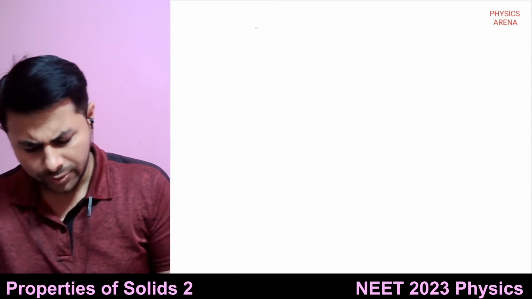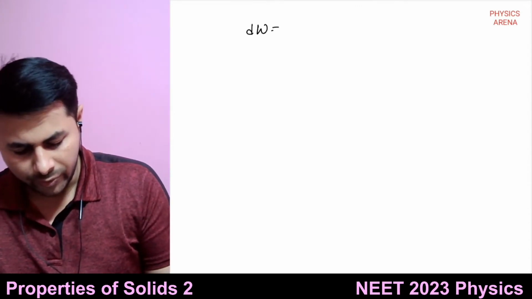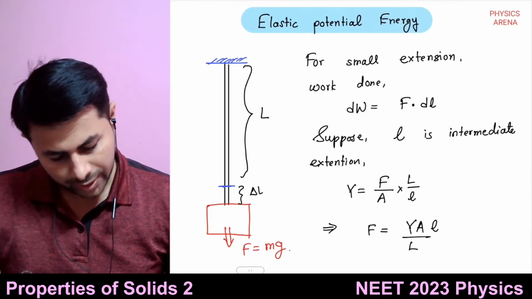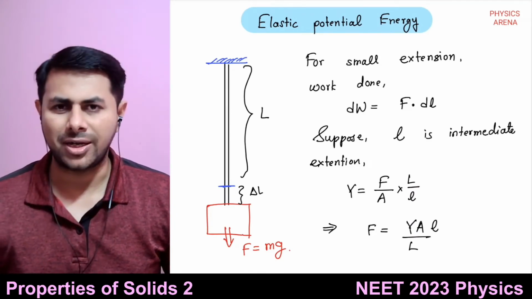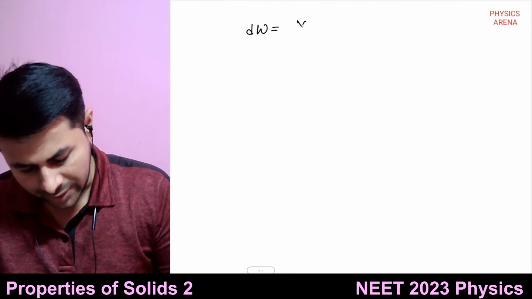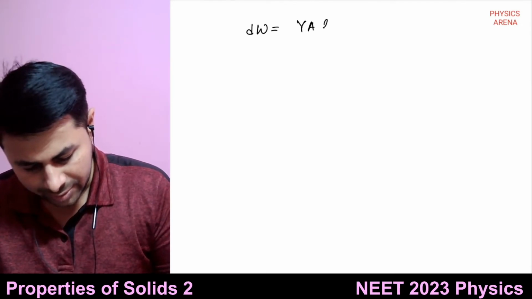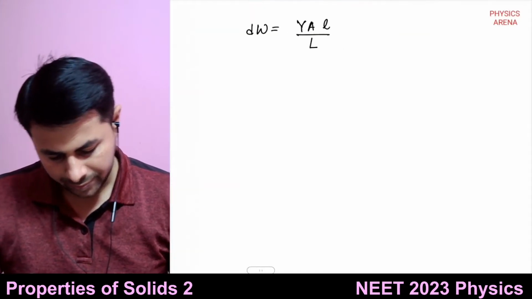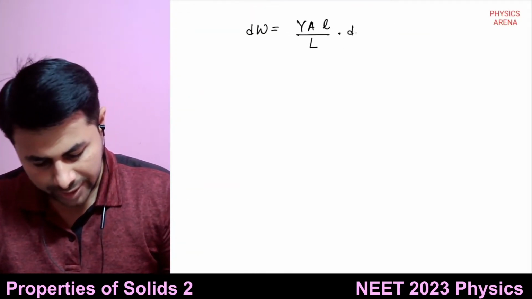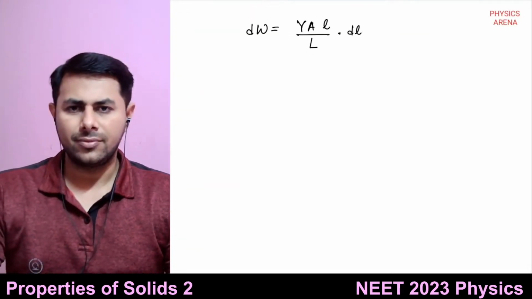So the work done can be written as: force is Y A small l divided by capital L, and the small displacement is dl.